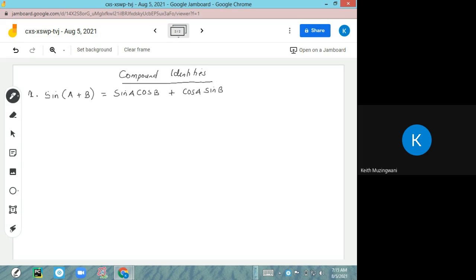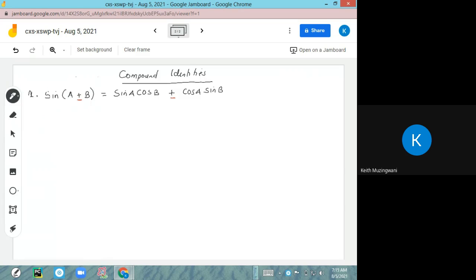It can be sine B cos A, for as long as you switch the A and B on cos and sine. And for the sine function, it maintains the plus, so that if it's to be minus, it will maintain the minus. Take care of that.